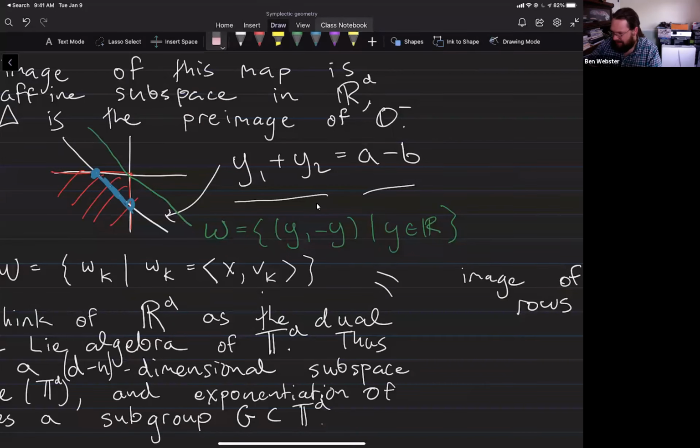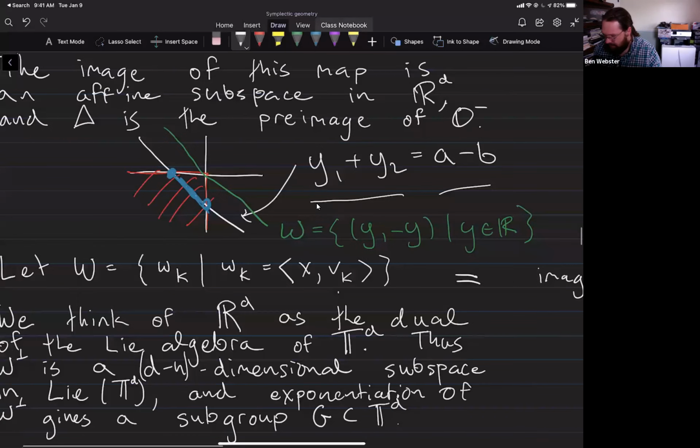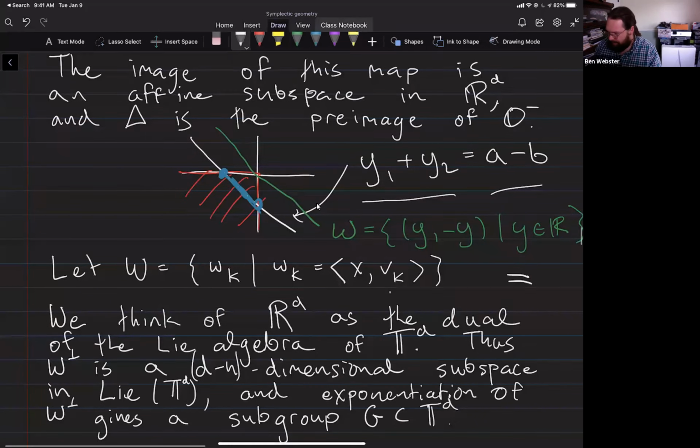The fancy thing to say here is this is the linear subspace that our affine subspace is modeled on. It's the linear subspace given by the difference of elements in our affine subspace. All right.